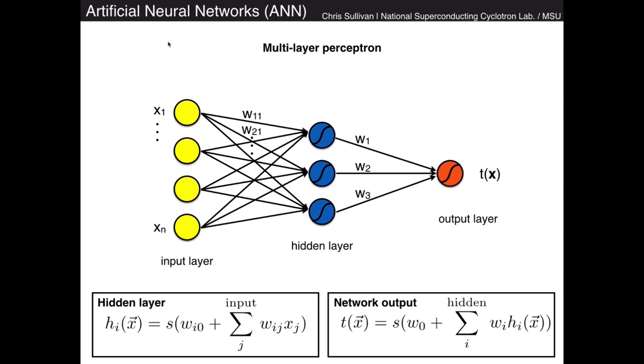Adding one layer of complexity to the single layer perceptron, we can get a multi-layer perceptron. All we need to do is add in an extra layer of nodes known as a hidden layer. Just as we did before, we have evaluations starting with the inputs coming on the left from the input layer you can see here, and those input nodes are fully connected to the hidden layer, which you can see here.